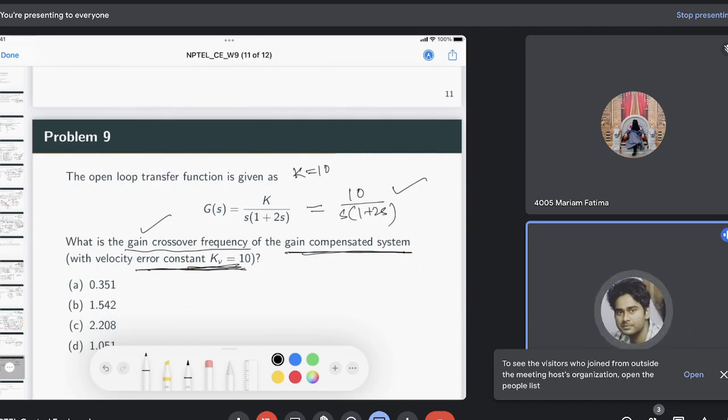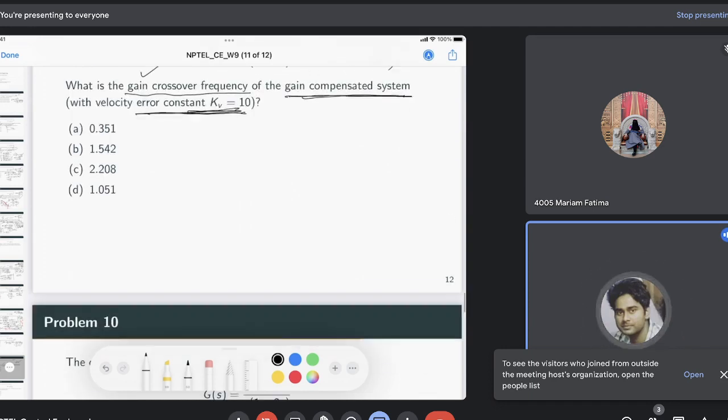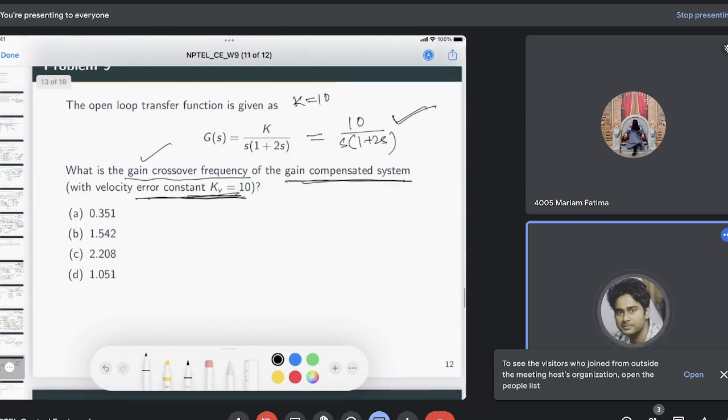Okay, so this is the gain compensated system, and for this system, how do we find the gain crossover frequency? Again using the definition, if omega gc is the gain crossover frequency, then at this frequency the gain for the system should be 1, right? So first we write this transfer function in the frequency domain.